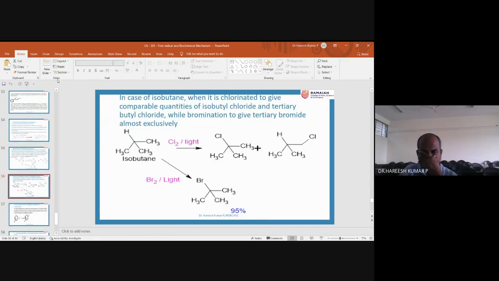So here I continue with the attacking radical. What I am taking here is isobutene.